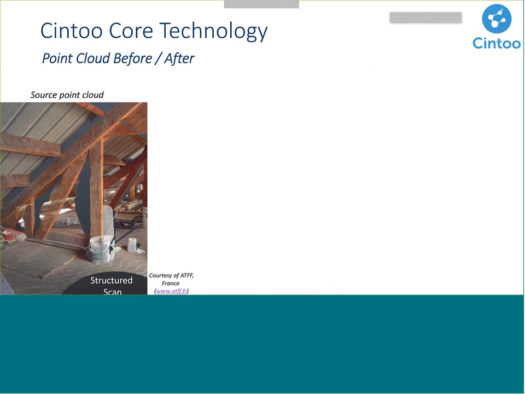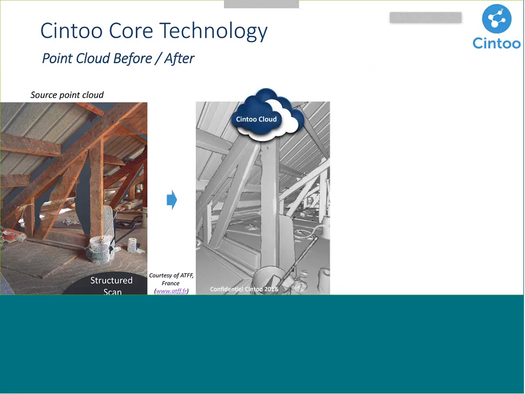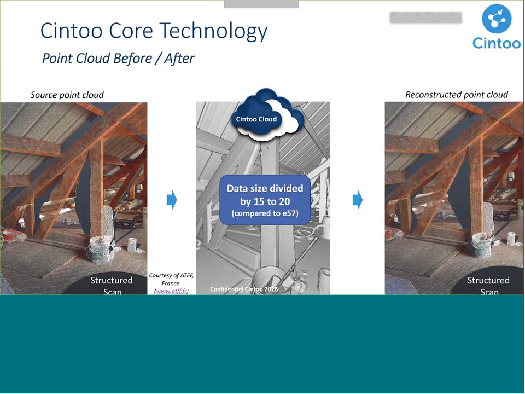So if you compare the source point cloud that was scanned by the device, that was registered using any registration software, being Recap, Faro Scene, Cyclone, etc., you start from this registered point cloud, we create a mesh, and this is what will be uploaded to the cloud. And again, the data will be divided by 15 to 20. But as I said, you can retrieve back the point cloud in its original form as a structured point cloud or a unified RCS.